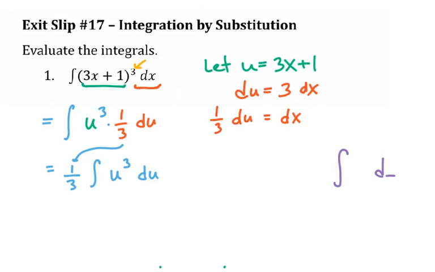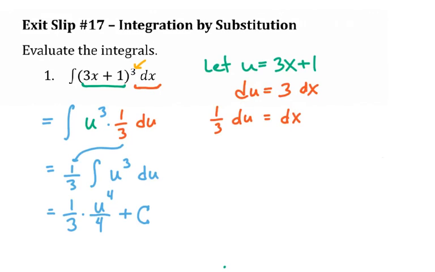If we go ahead and actually compute this integral, it looks like the power rule is all that we'll need now, which is good. The power rule is a very useful tool for integration. So integrating u to the 3rd, we get back u to the 4th over 4. This is an indefinite integral, so I'll tag on a plus c as our constant of integration.